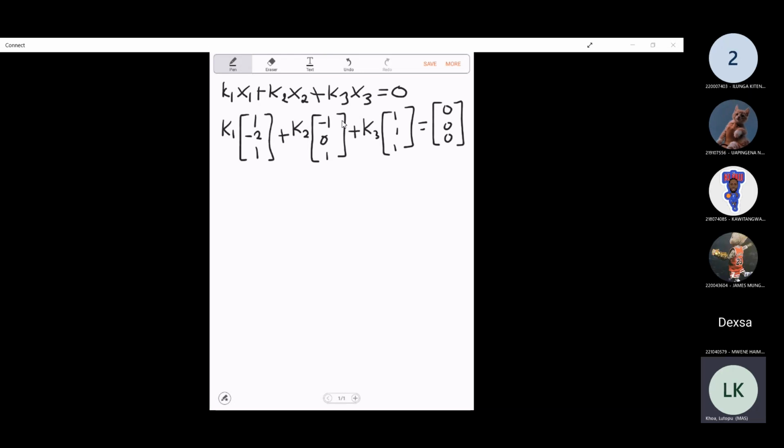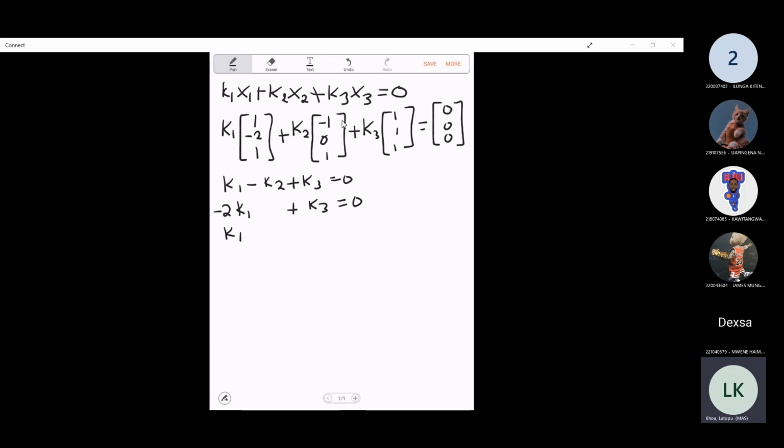So we can come up with an augmented matrix. Before that, let me just write this. This will be K1 minus K2 plus K3 is 0, minus 2K1 plus 0 plus K3 is equal to 0.